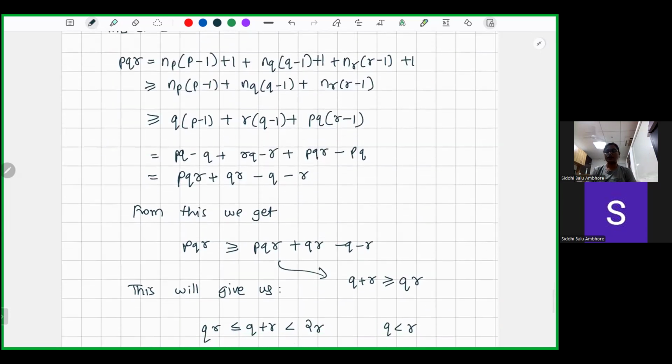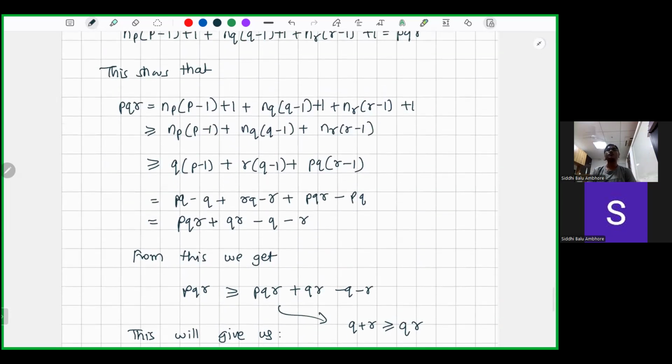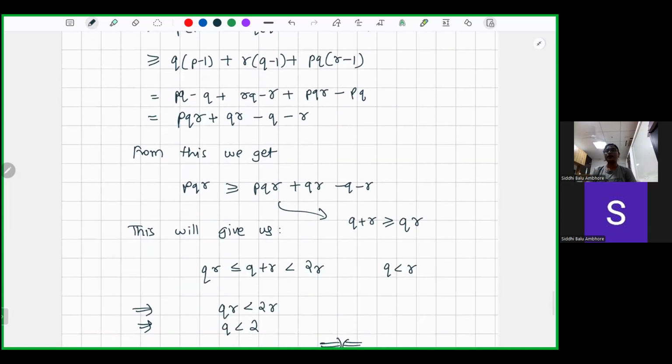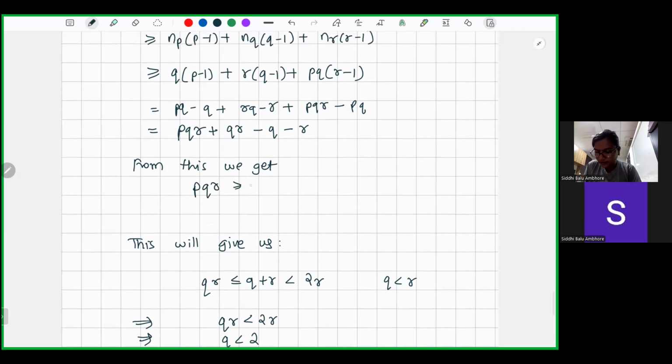And we arrived at PQR greater than or equal to PQR plus QR minus Q minus R. And this will give me Q plus R greater than or equal to QR.